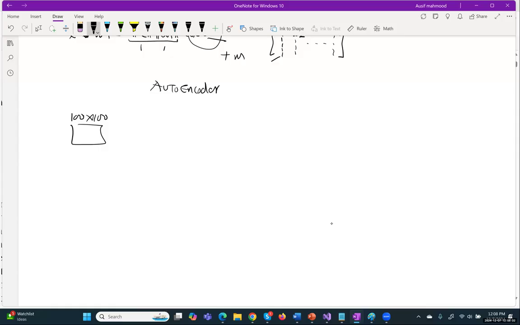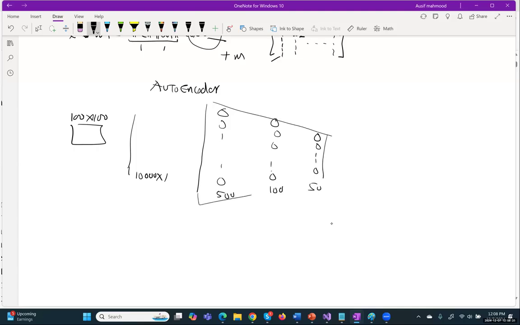If I linearize it, this will be 10,000 by 1 numbers. If I pass it through, let's say, 500 neurons, then I reduce it to 100 neurons, then I reduce it to 50 neurons.